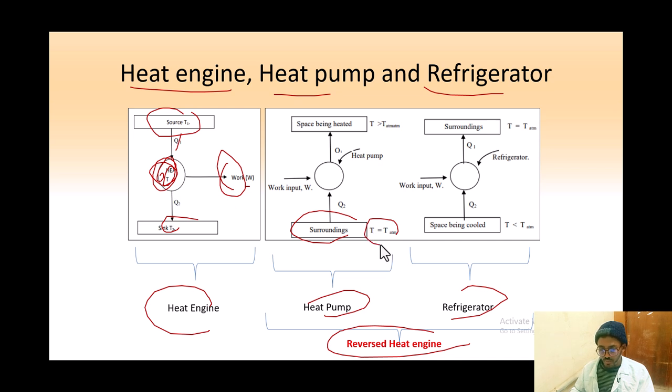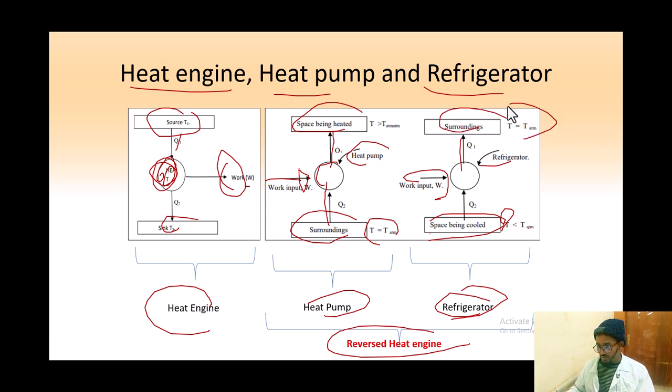So we take this heat into this, and there's also an external work input W. So we have the heat pump here, so we can generate the heat that we need for the space being heated. And if we talk about the refrigerator, we have here the space being cold with T less than T atmosphere, and we have work input, we have the refrigerator, so we emit this heat into the surroundings at a temperature equal to atmospheric temperature.